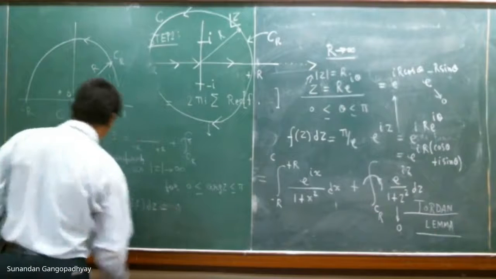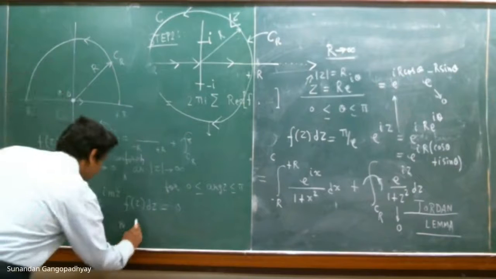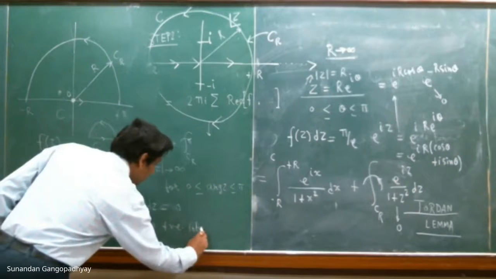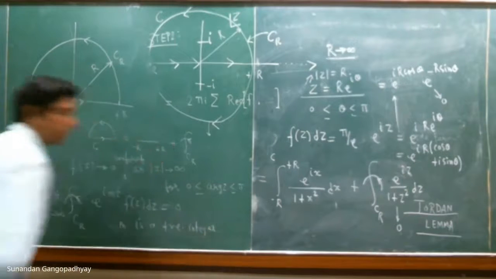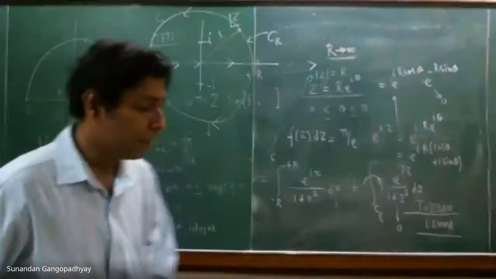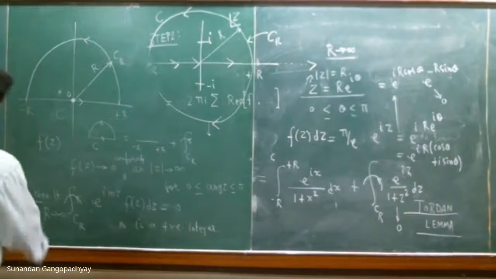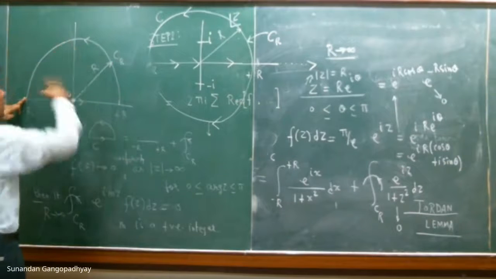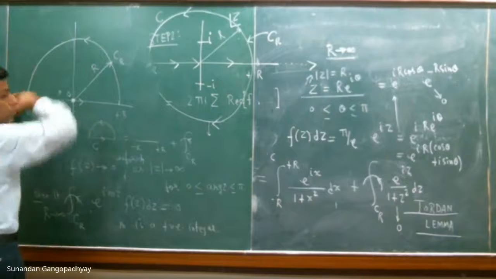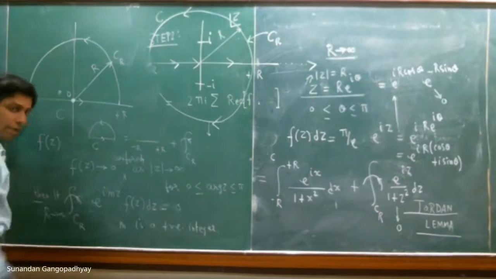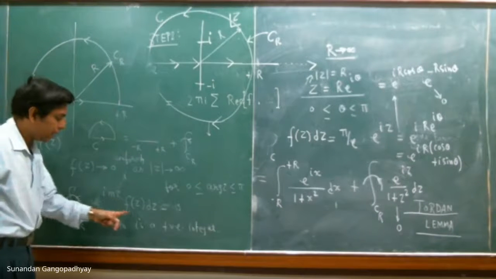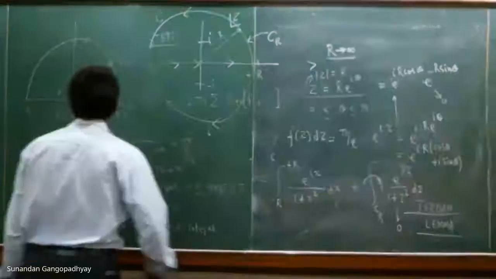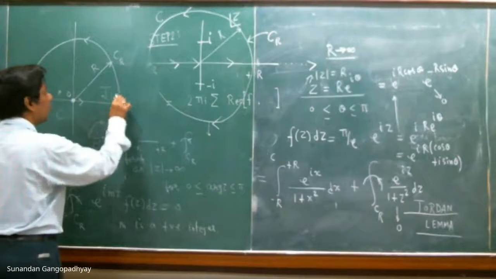Write this as equal to 0, where m is a positive integer. So if m is a positive integer, then the limit R tending to infinity of the contour integral on the contour CR, traversed in the positive orientation, of e to the power of i m z f(z) dz is equal to 0, provided m is a positive integer. And this is called Jordan's lemma.